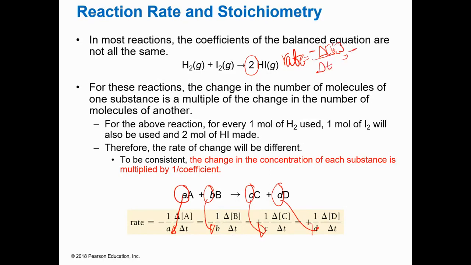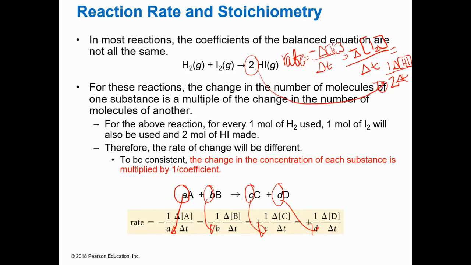The next one is negative change in I2 over the change in time. The last one, our product, would be 1/2, and it's going to be positive delta HI over delta T. It's positive because it's a product, and this 2 comes in because it's got a coefficient.